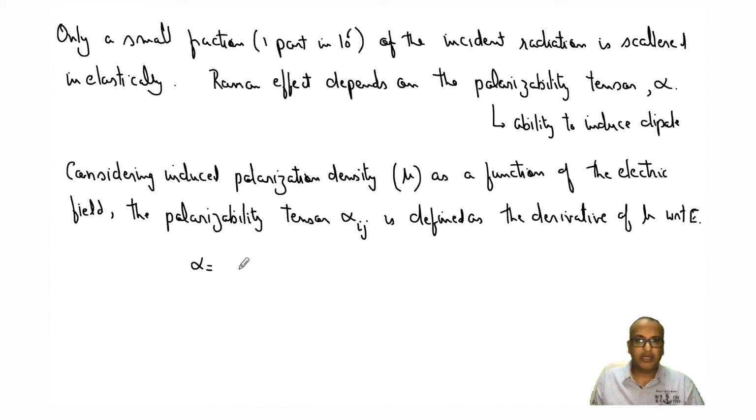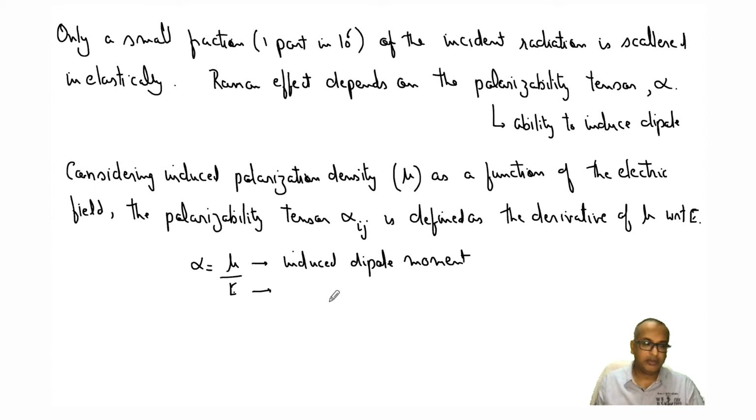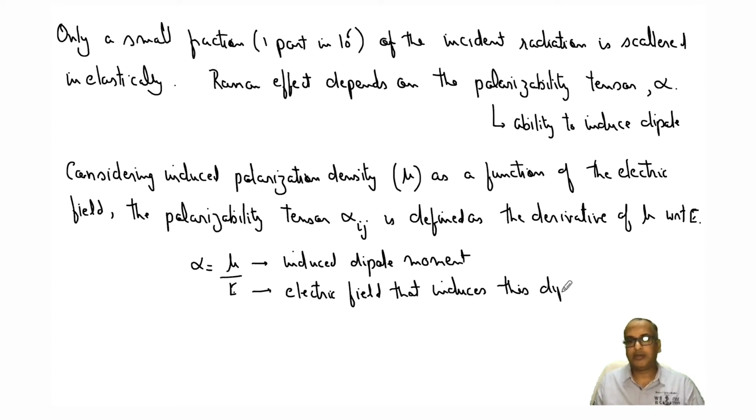So we can say alpha is equal to mu by E, where mu is the induced dipole moment, and E is the electric field that induces this dipole moment.